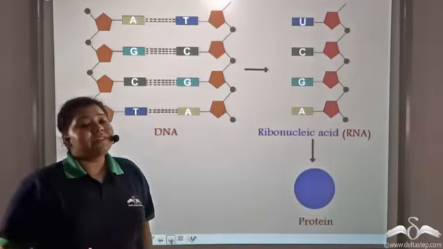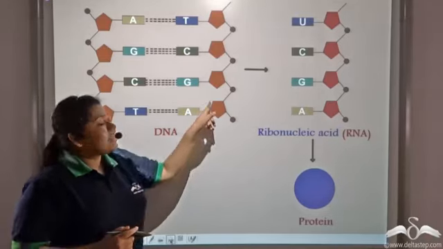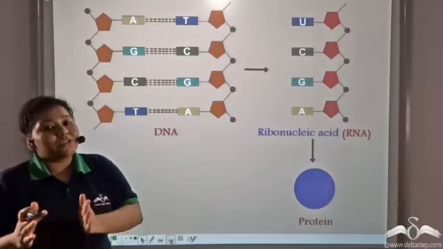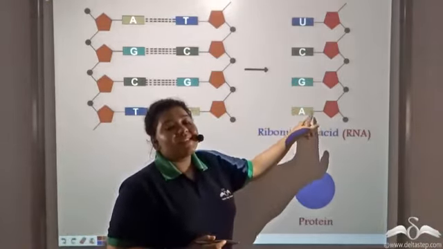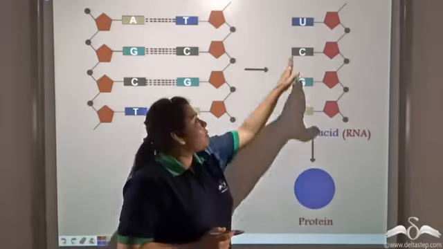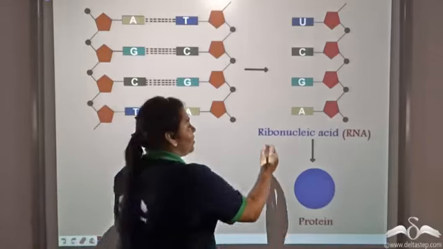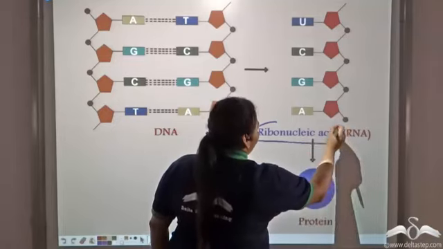The main difference between DNA and RNA is that while in DNA the sugar residue is deoxyribose sugar, in the case of this code it is ribose sugar. And hence, this code that is formed inside the nucleus is known as ribonucleic acid, or RNA.